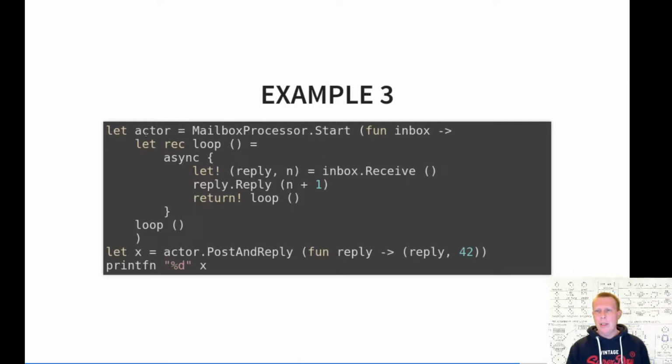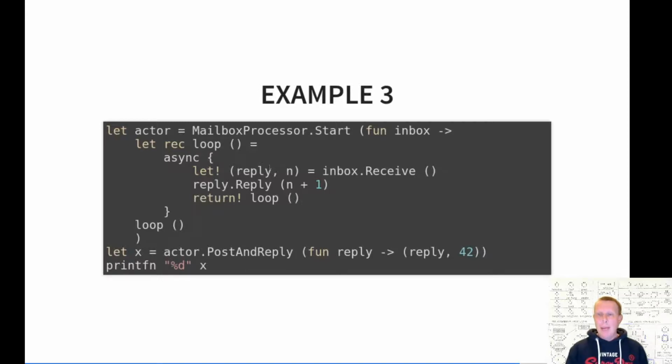Here we just do the same thing. Start the mailbox processor. We give it this inbox function. Fire up an infinite loop. This time again, I don't have any state in this example. Now I say inbox receive, and this time the thing that it will receive will be a tuple, one which I have called reply, and then the n.